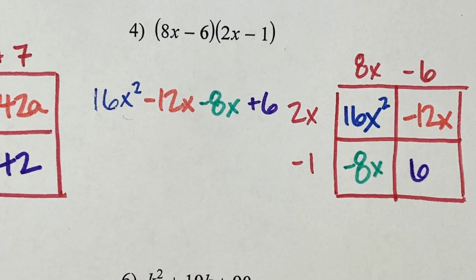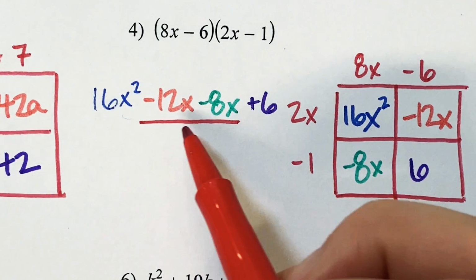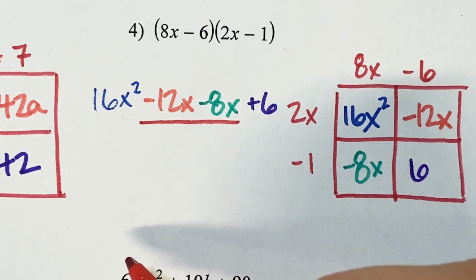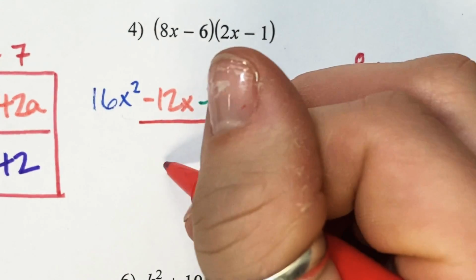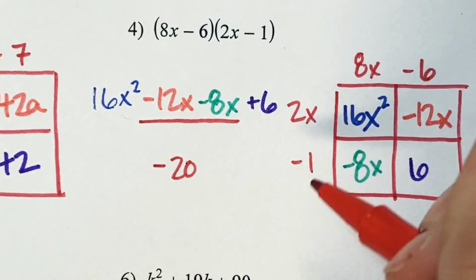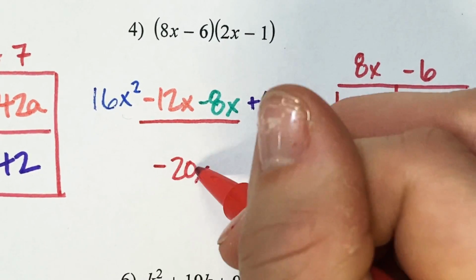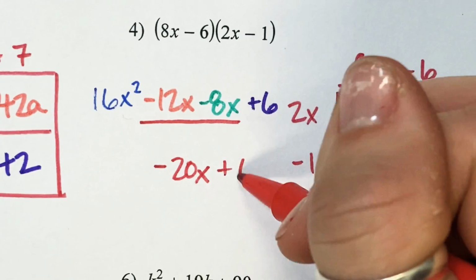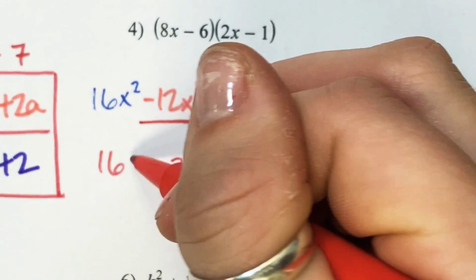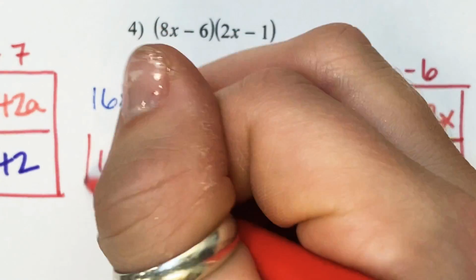Okay, now that we've rewritten it, we can go ahead and combine the ones in the middle because they're the only ones with just 1x. Okay, so I have negative 12 minus 8 more. That's going to give me a negative 20. Remember, we're getting more negatives here. So negative 20x plus 6 on the end, 16x squared in the front.